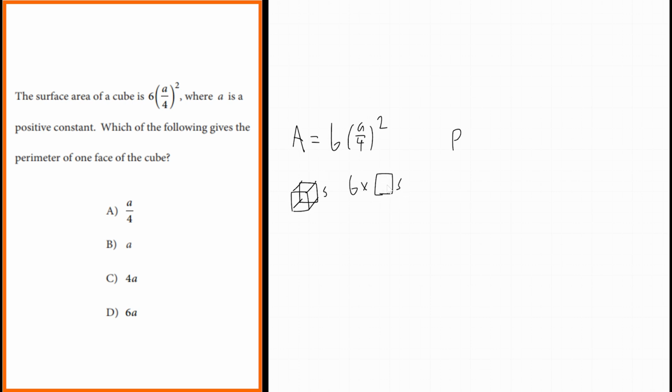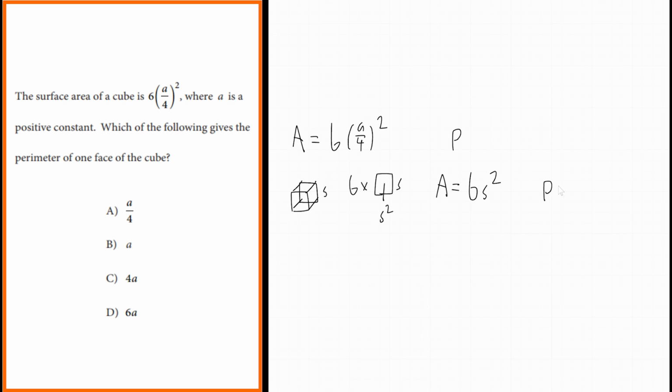Each one of these squares has an area of s squared. So the surface area of any general cube in terms of its side length is 6 times s squared. And the perimeter of any one of these faces, any one of these squares, is just this side length s multiplied by 4 for all 4 of the sides.